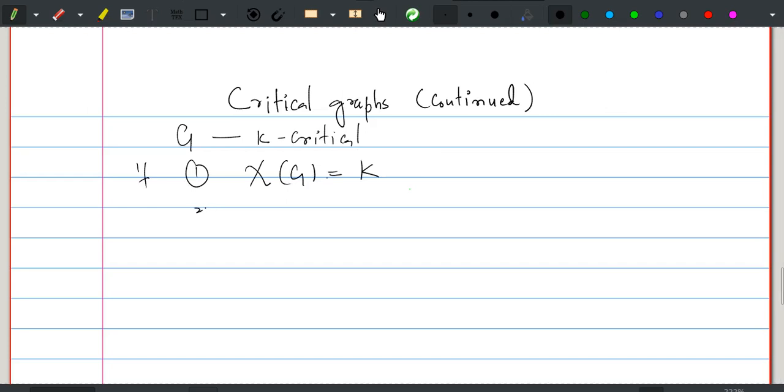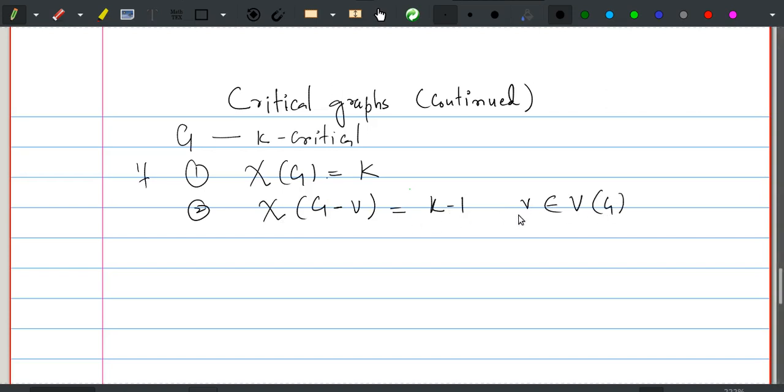And second, if we delete any vertex from G, then the resultant graph must have k minus 1 as its chromatic number. This must be true for every vertex v in the vertex set of G. If these two conditions are satisfied, then G is said to be k-critical.